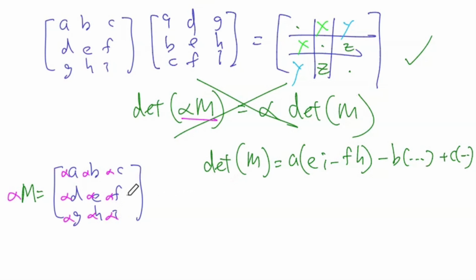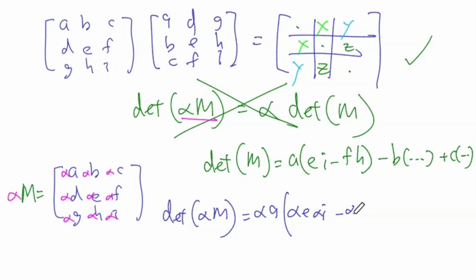So the determinant of alpha M is equal to alpha A multiplied with alpha E, alpha I, minus alpha F, alpha H, minus alpha B, and so on, then plus alpha C, and so on.